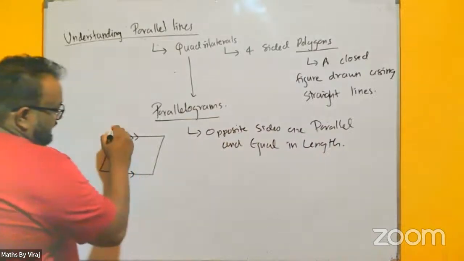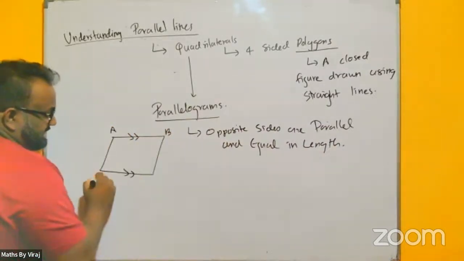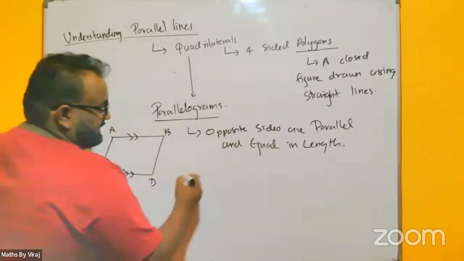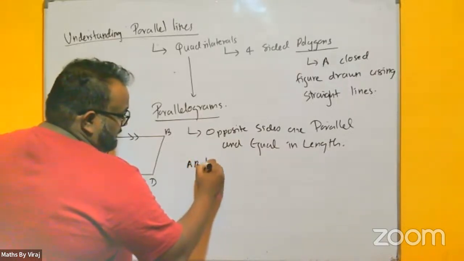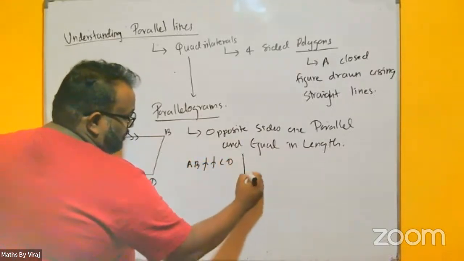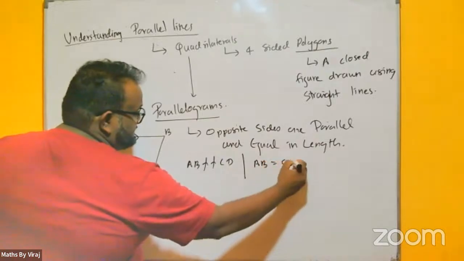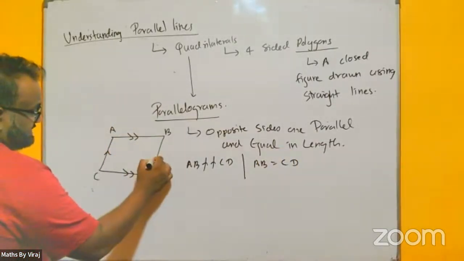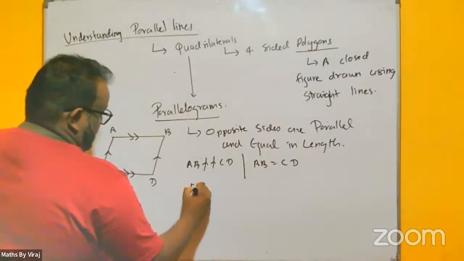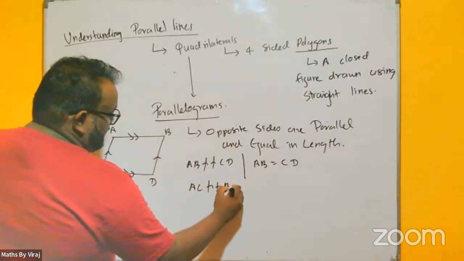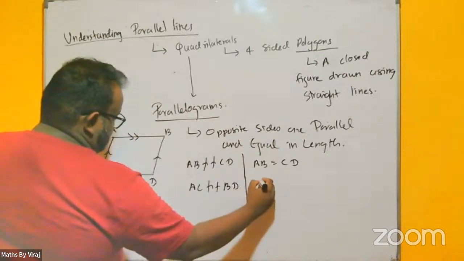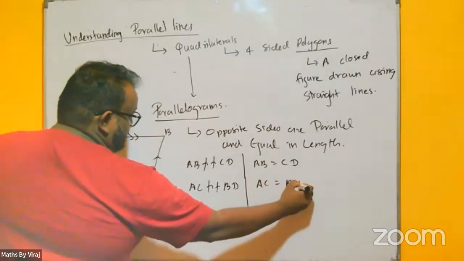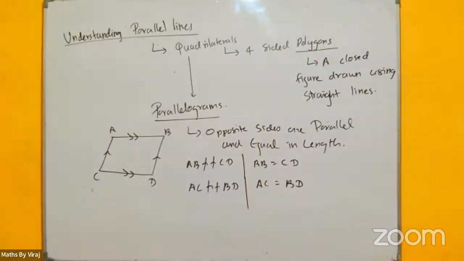That is, if I write AB and CD, here I can say that AB is parallel to CD, also AB is equal to CD. In this instance, AC is parallel to BD, also I can say that AC is equal to BD. This is what a parallelogram means, right?